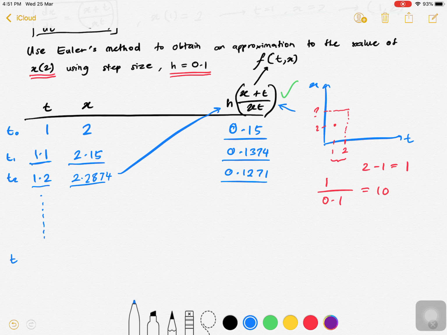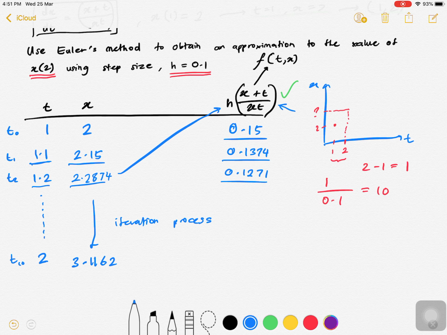We can continue this process until we get to t9 or t10, where the t value is 2. When you do this iteration process, you will finally get the final answer, which is 3.1162.